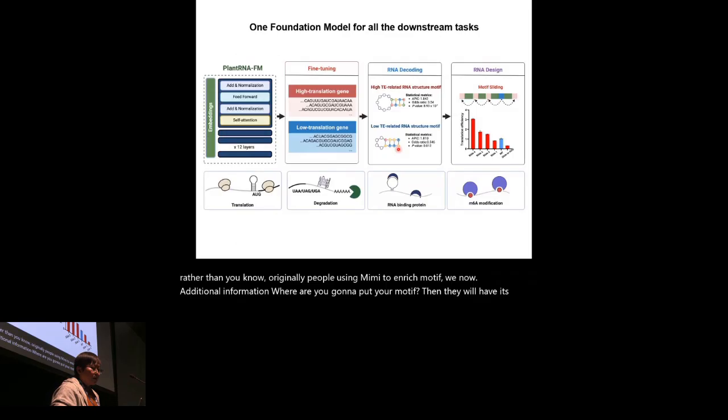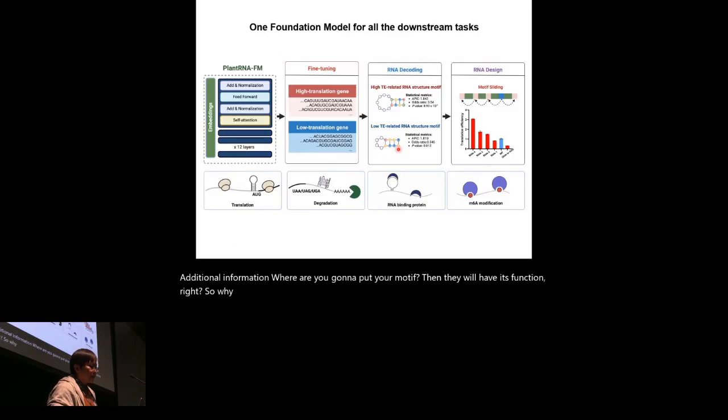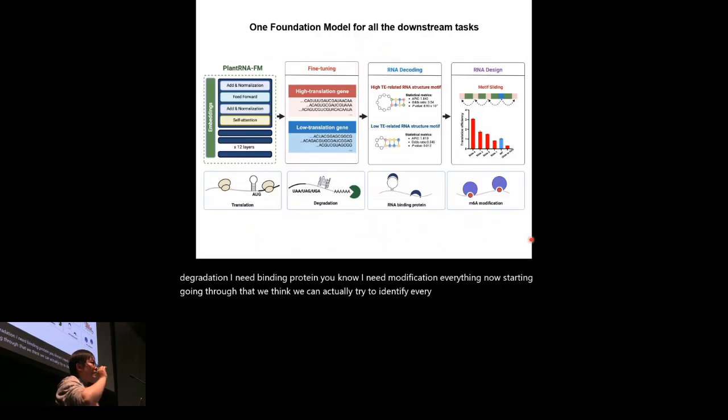So why call it a foundation model? Because now we're training on RNA degradation, RNA binding protein, RNA modification, everything. We think we can try to identify every part of a gene sequence and whether it has a different functional output.